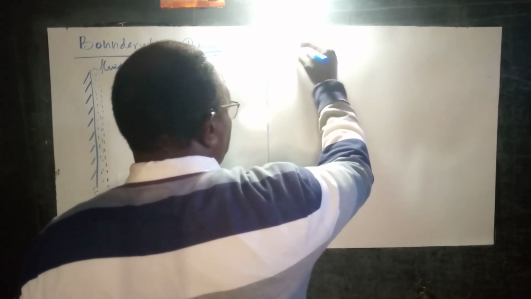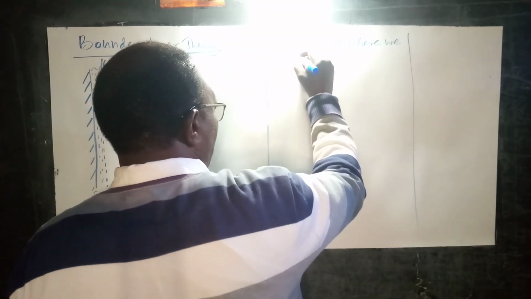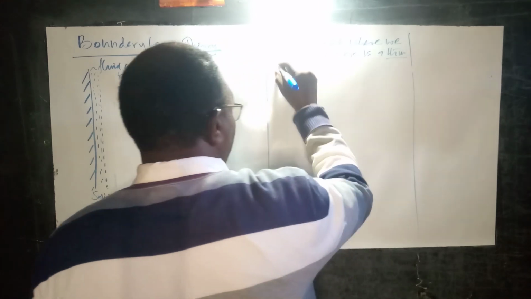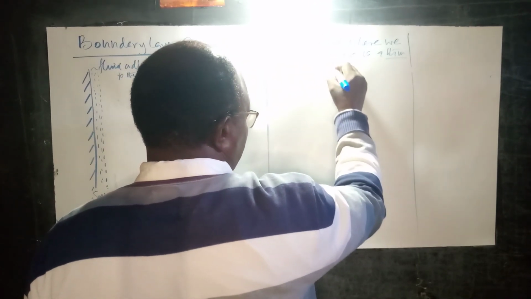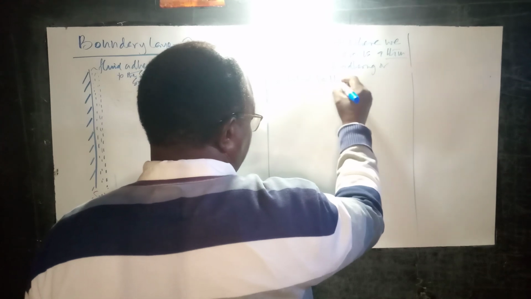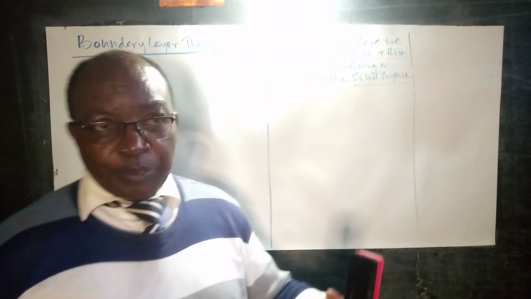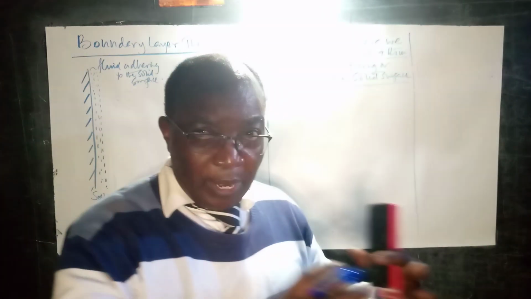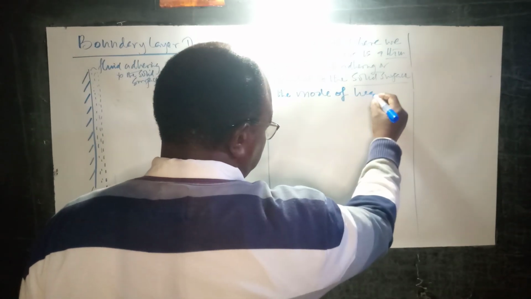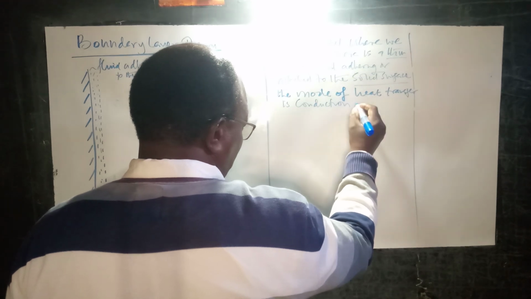So in the model where we assume that there is a thin layer of fluid adhering or attached to the solid surface, the mode of heat transfer between those two systems, the fluid and the solid, will be via conduction.